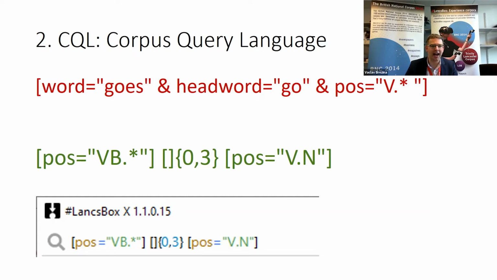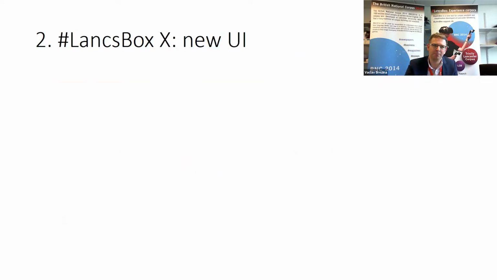Langsbox also has syntax highlighting for CQL, so it is much easier for users to identify whether relevant pieces of information need to appear. Obviously, this is something that is more relevant to advanced users than beginner users, but this is the underlying language that Langsbox works with.